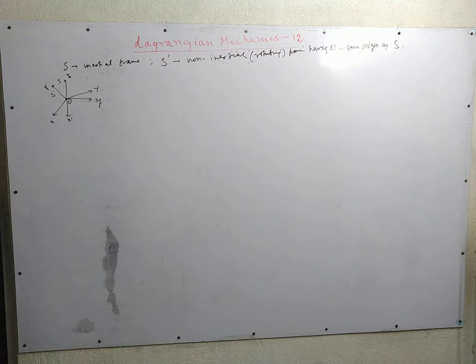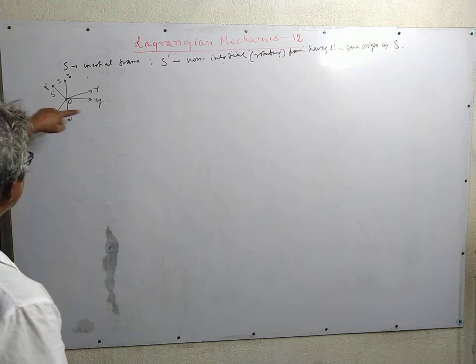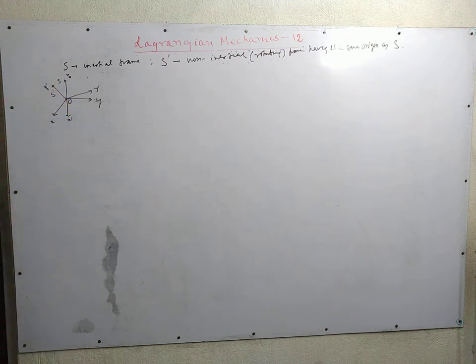We consider a frame S with axes XYZ, which is an inertial frame, and another frame S prime with axes X prime Y prime Z prime, having the same origin as the S frame, but rotating about the S frame with an angular velocity omega.